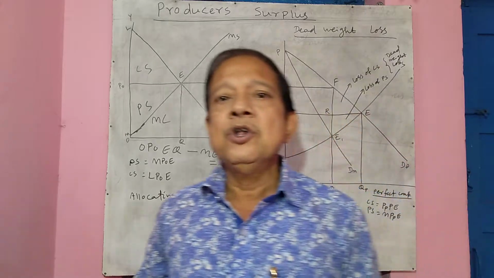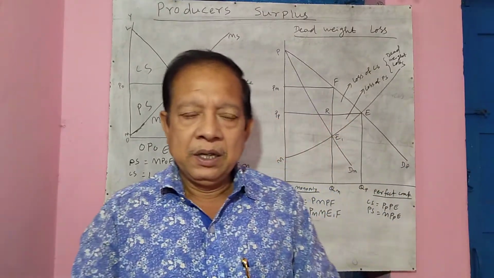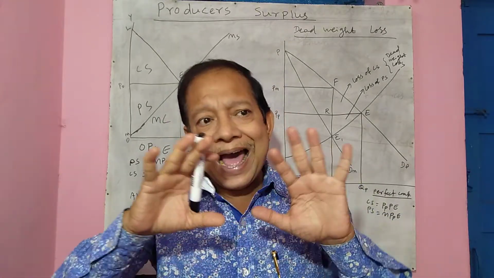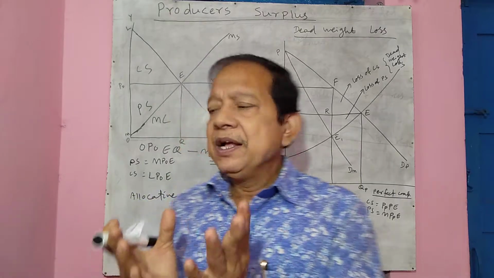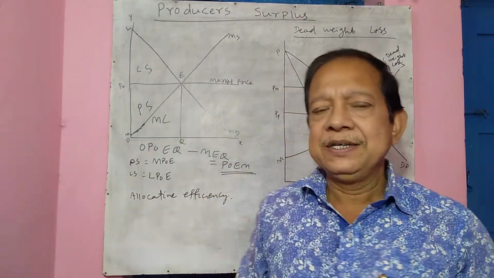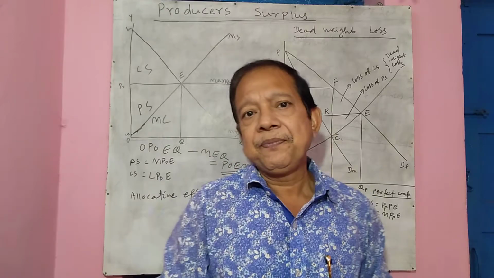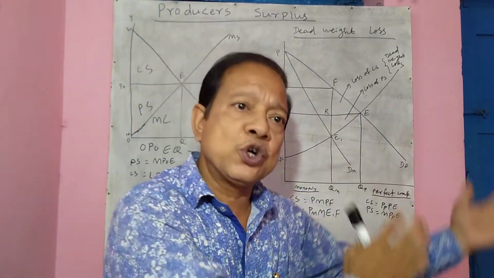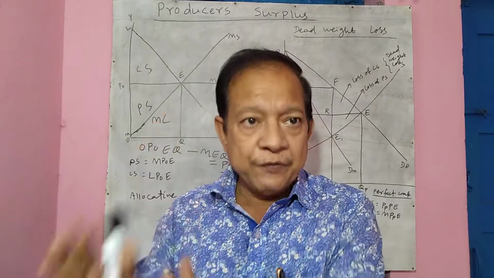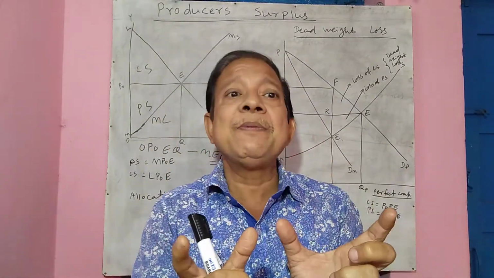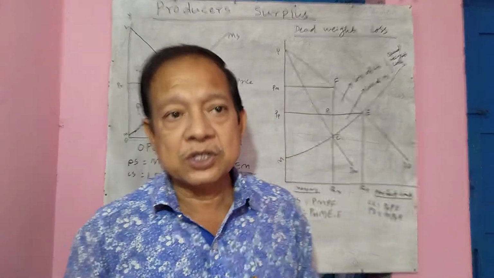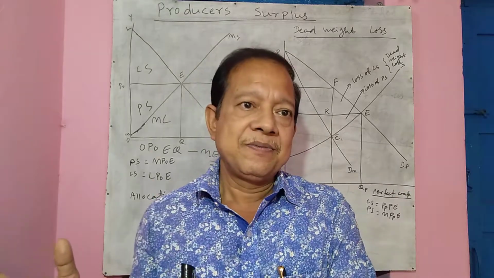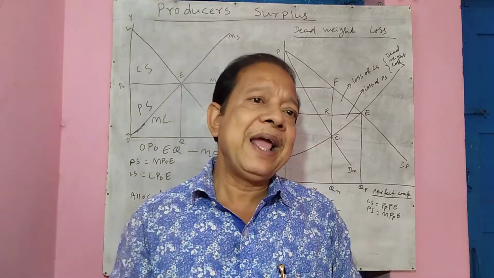Now remember, whether it is producer surplus or consumer surplus, that is related to allocative efficiency. What is allocative efficiency? This surplus, whether it is the surplus satisfaction which goes to the consumer or the surplus revenue which goes to the producer, whether going to the buyers or to the sellers, should be efficiently allocated.